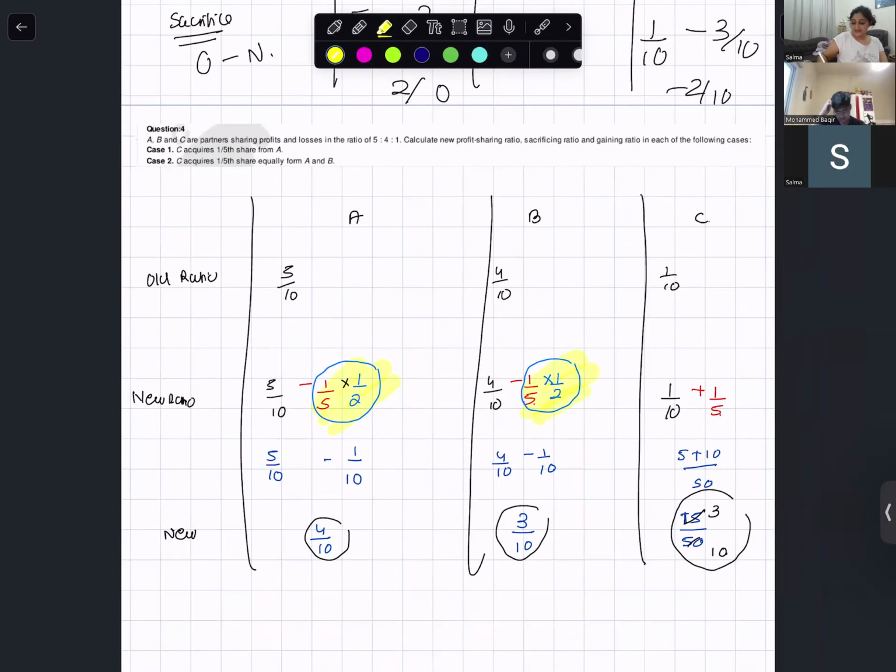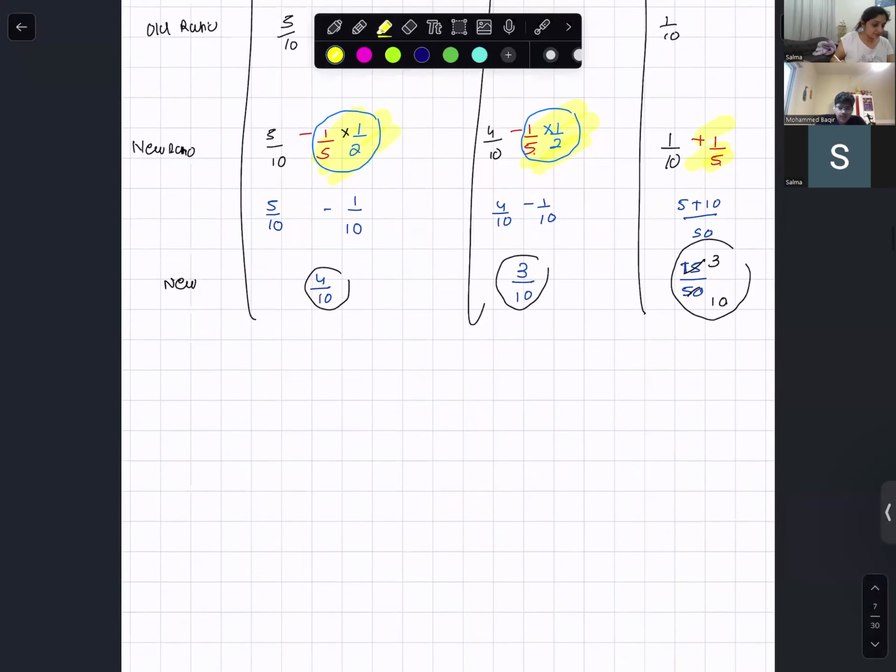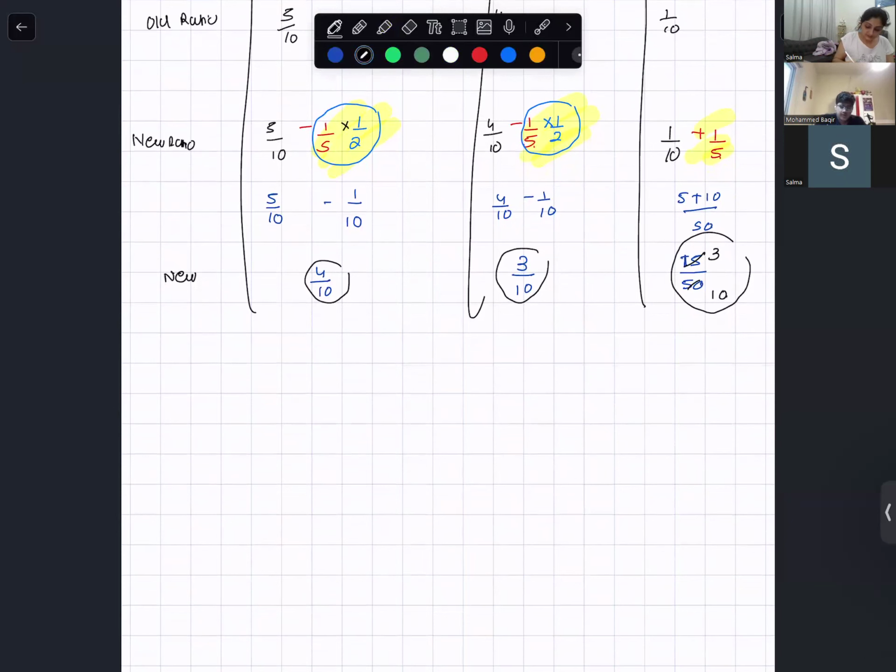Acquires equally. Give me the sacrifice or the gain ratio. So new ratio is how much? 4 is to 3 is to 3.